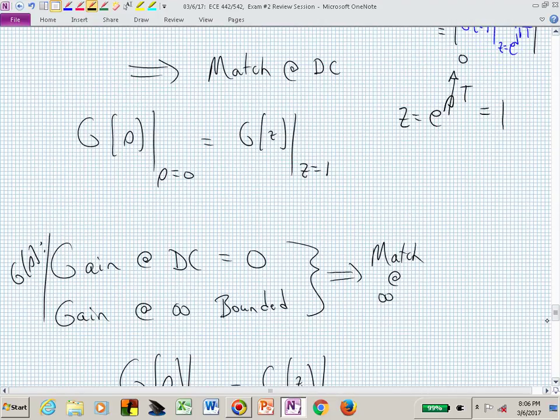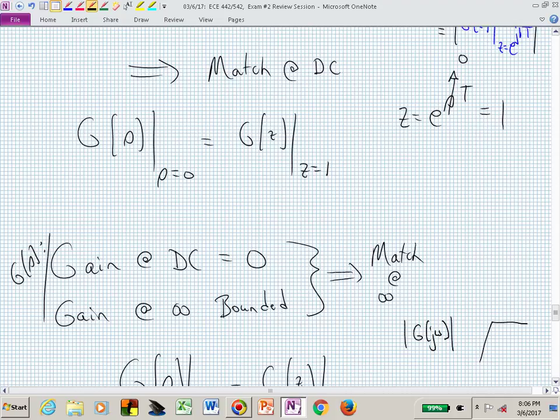So now if the gain at DC was 0, we're seeing that maybe we had more of a high pass behavior. At low frequencies, the gain is 0, but it has a bounded gain at high frequencies.